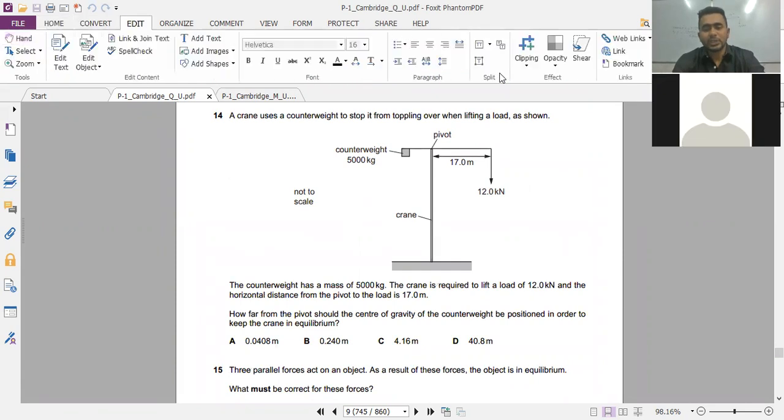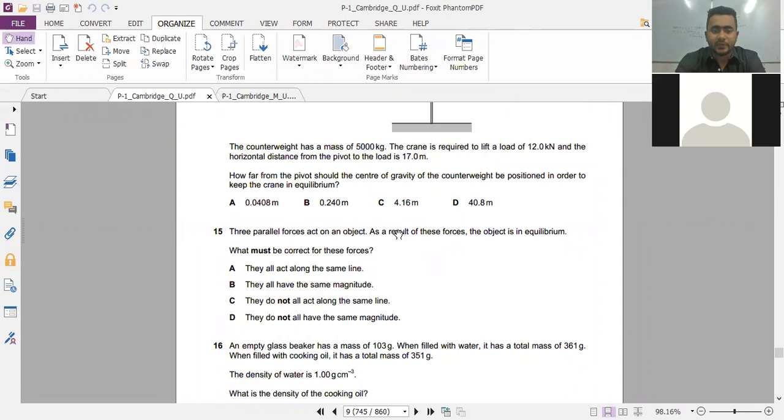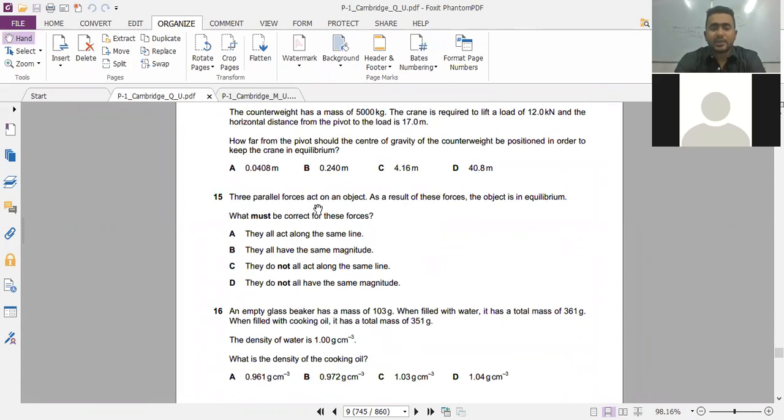Yes, sir. Number 15 কী বলতেছে আমরা একটু দেখে আসি। Number 15 বলতেছে three parallel forces act on an object. As a result of these forces, the object is in equilibrium.